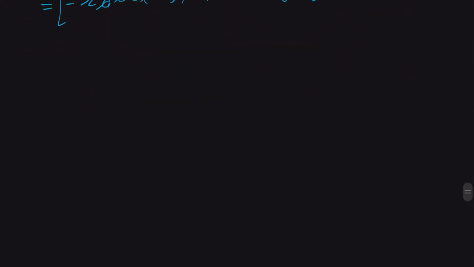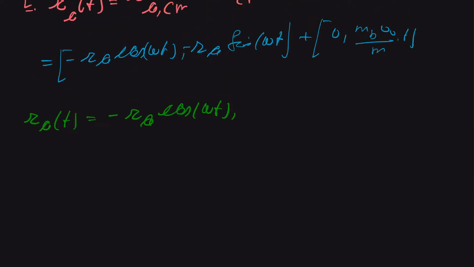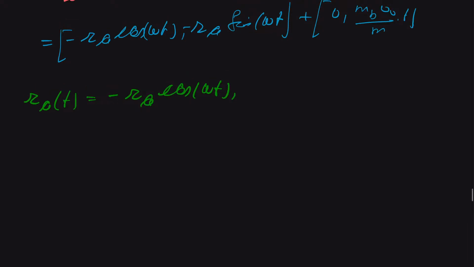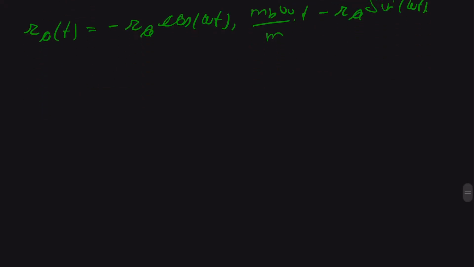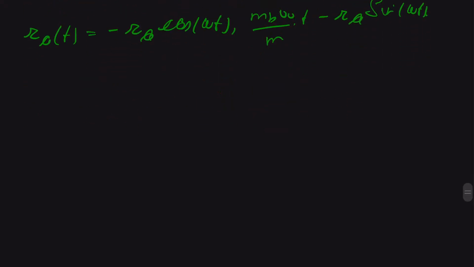Therefore Ra of t will be equal to minus Ra cos of omega t, and the second component is mb v naught upon m times t minus Ra sine omega t. Nothing goes away, we simply write it.